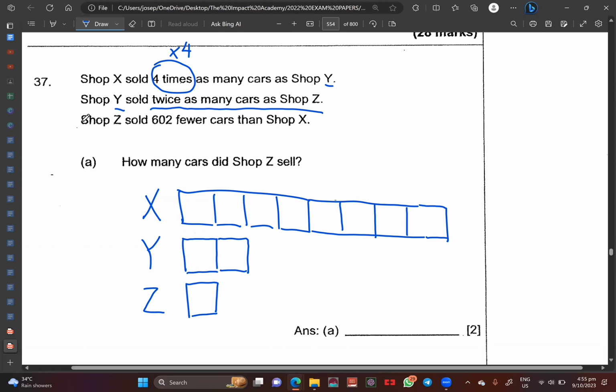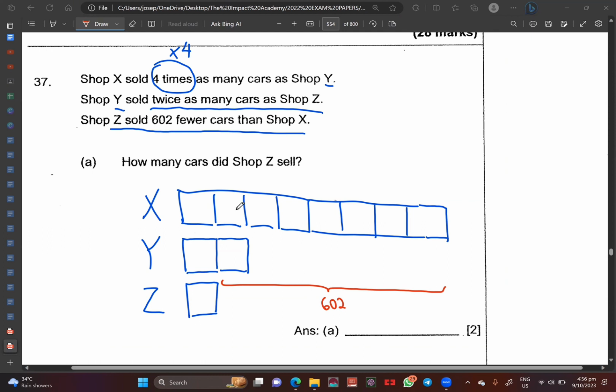Now, what else did they say? Shop Z sold 602 fewer cars than shop X. That means everything over here is 602. Now from here itself, how many units equals 602?